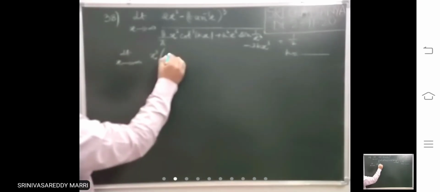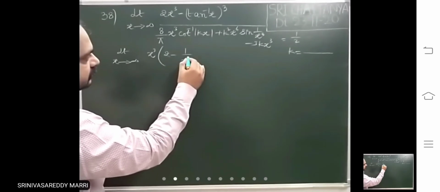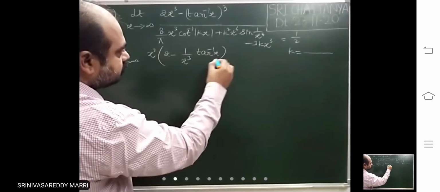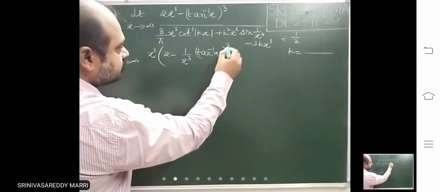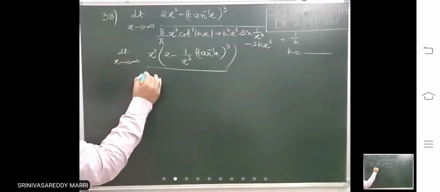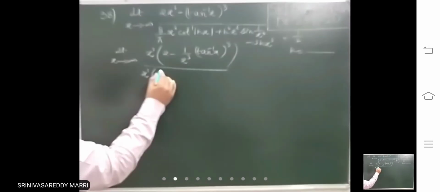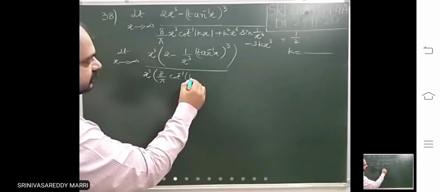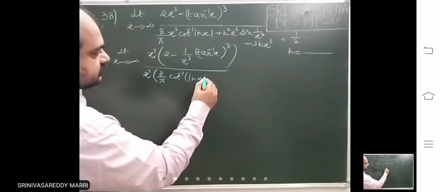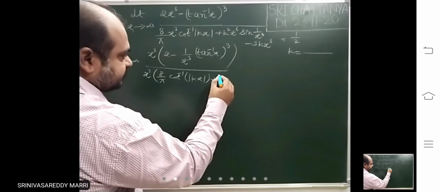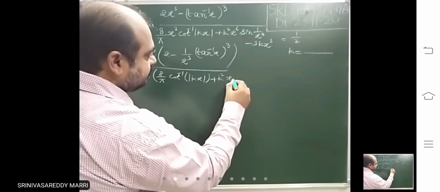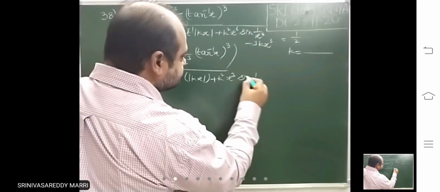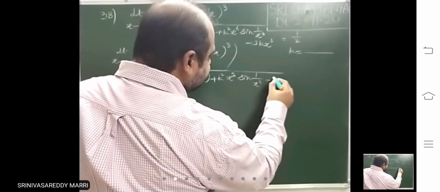X cube you take common in the numerator, minus 1 by x cube tan inverse x whole cube, and divided by x cube in the denominator: 8 by pi cot inverse modulus kx plus k square x cube into sin 1 by x cube minus 3k.